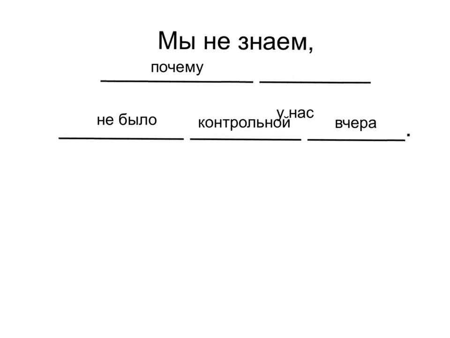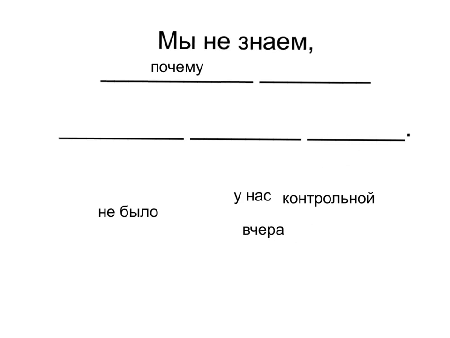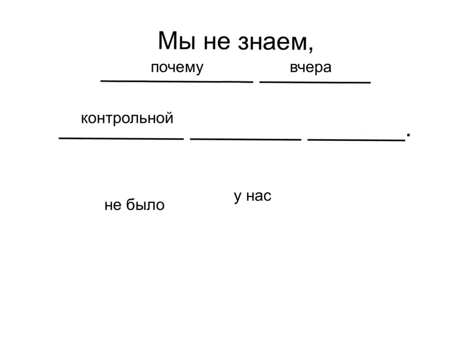And again, after the почему, the word order is relatively flexible. Мы не знаем, почему вчера контрольной не было у нас. There might be subtle differences in what you put last, but for the most part, the most important thing is that you put почему, the question word, in the first spot after the comma.